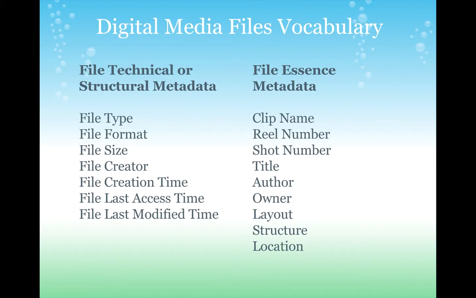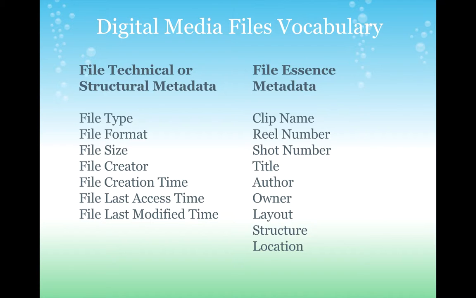And then inside the file, there might be metadata that's a little bit more specific that talks about the essence of the file. So that file might be a video file, and it might be a video clip that's part of a movie. So we'd want to know that name, the name of the shot. We'd want to know the name of the reel, right, back from the reel of film.